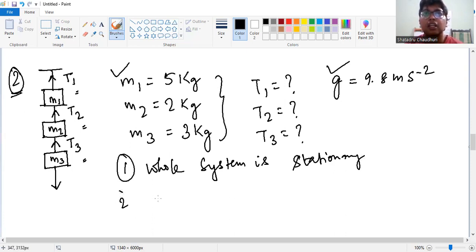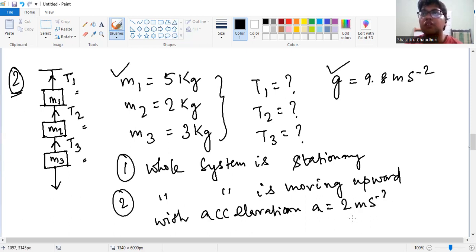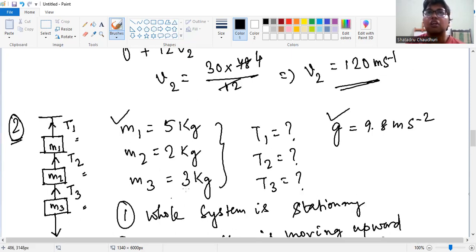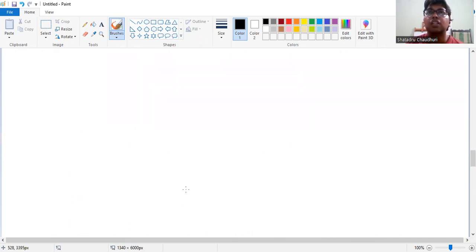And in the second case, the whole system is moving upward with acceleration a equals 2 meter per second square. In such a case, what will the solution be?